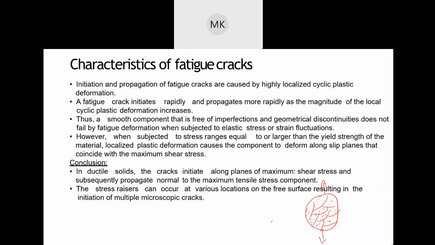And thus, once that happens, all these voids and small cracks that are generated within the grain try to join with the major crack and basically try growing to failure like this.